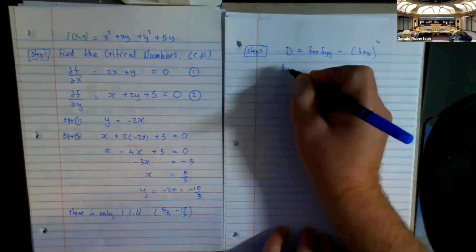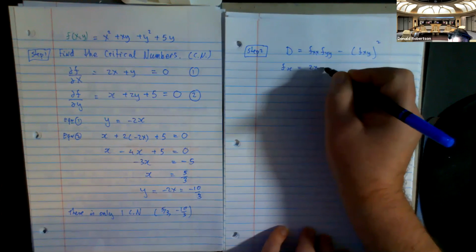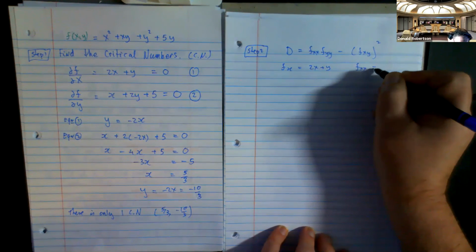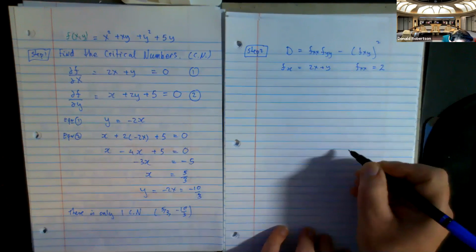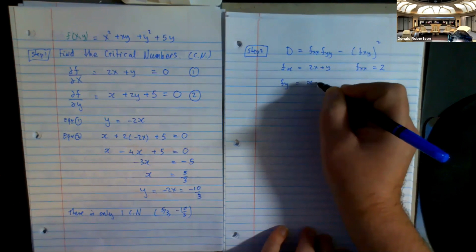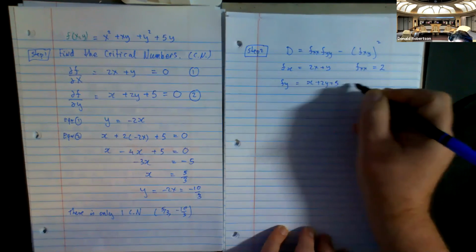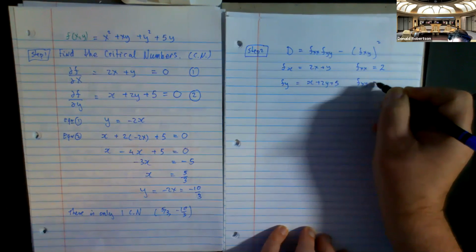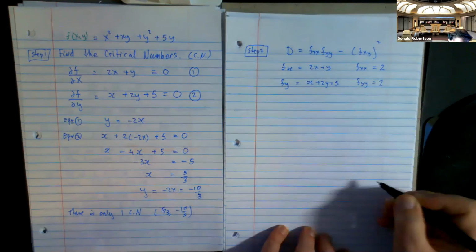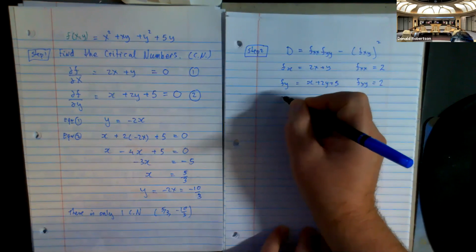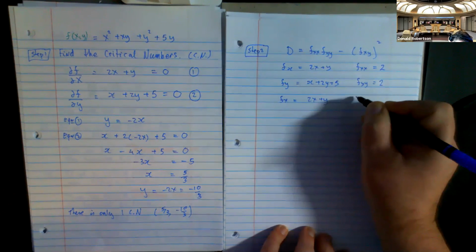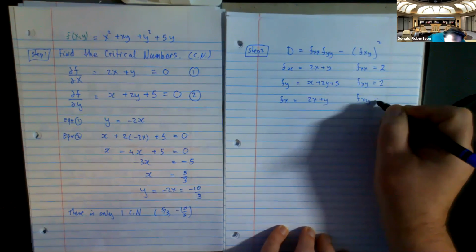The partial derivative with respect to x was 2x plus y. So this guy will be 2. The partial derivative with respect to y was x plus 2y plus 5. So that guy is 2. This guy is him. So won't this guy be 1?